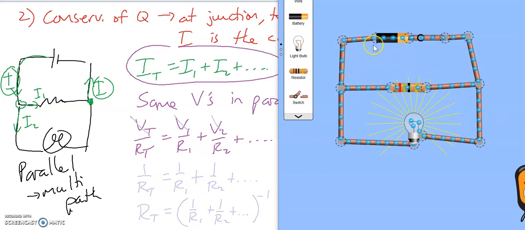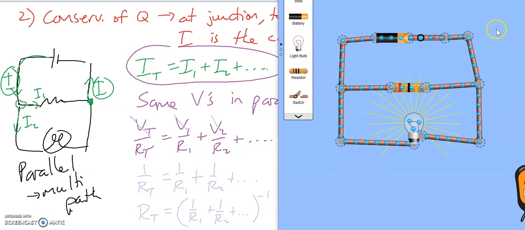They only go through one. These charges only go through this one right here, so they have to use all 9 volts in this one. Some charges go only through the light bulb, so they have to use all 9 volts in the light bulb before they go back. They don't go through one and then turn around and go against the flow so they can go through the other one. It doesn't work that way. It's only one, and that's why the voltages are the same.